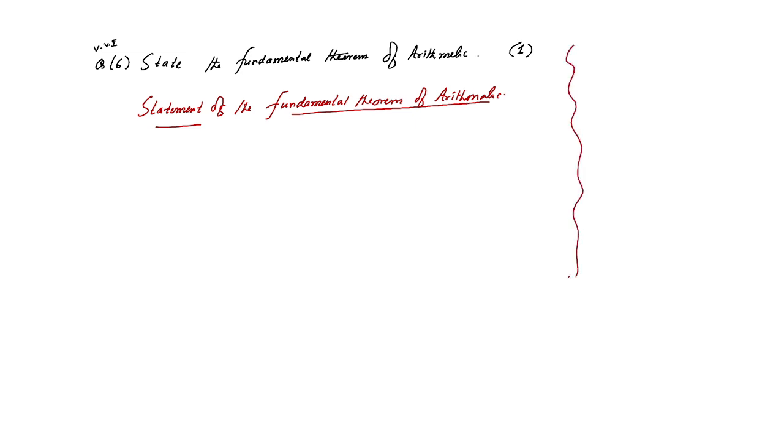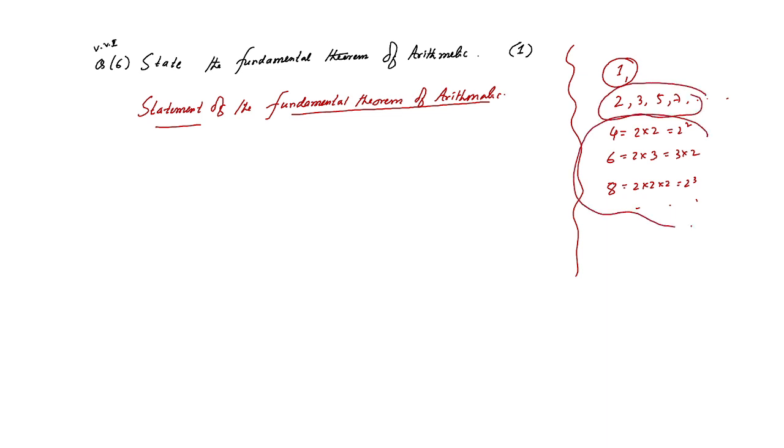If you take any integer, say 1, or 2, or 3 or 5 or 7, or if you write 4, that can be written as 2 into 2. 6 can be written as 2 into 3, or 3 into 2. 8 is 2 into 2 into 2, so that means 2 cubed. So what we have seen is that an integer is either 1 or a prime number, or you can write it as a product of primes. That is basically the fundamental theorem.